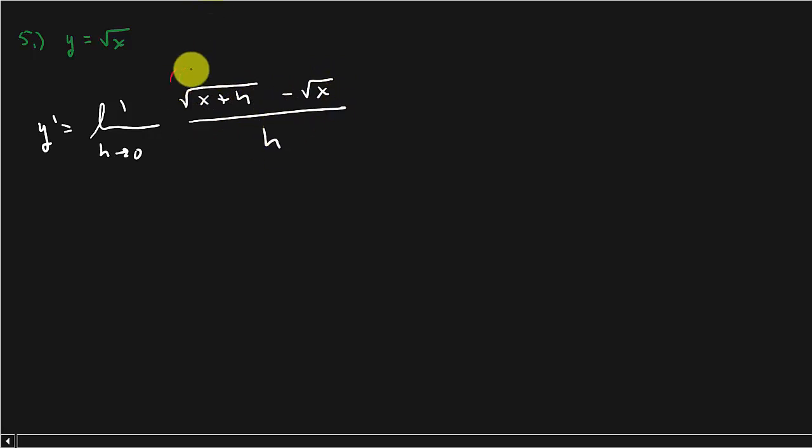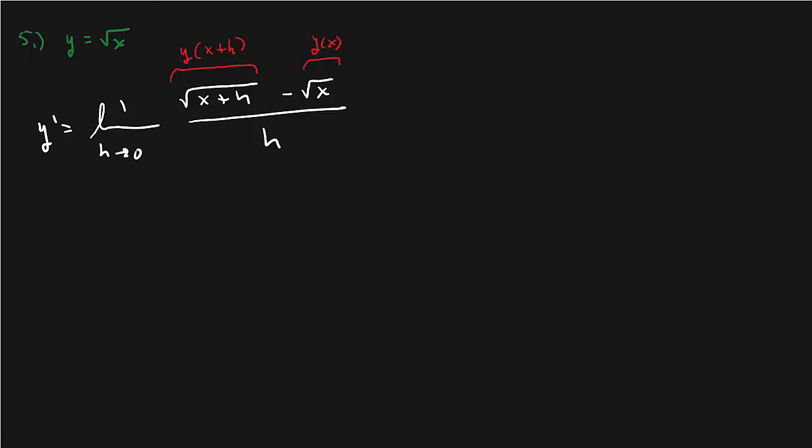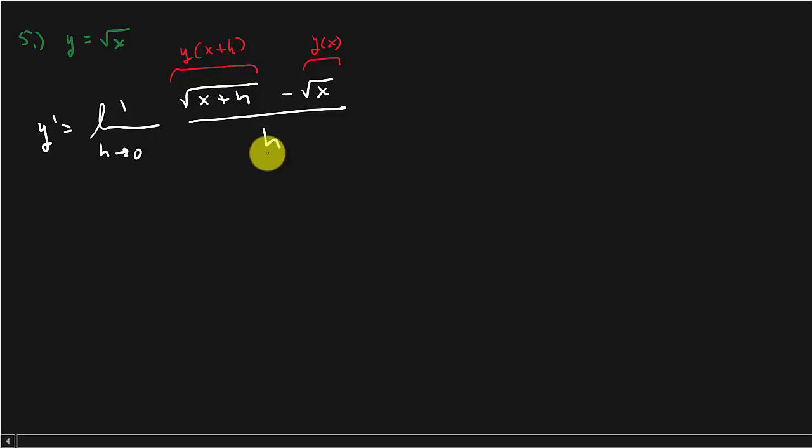So hopefully you can see that. Well, we're in terms of y, so y of x plus h, and this is y of x. All right, so, well, we've got to get rid of that h down there in the denominator. So what in the world are we going to do there?